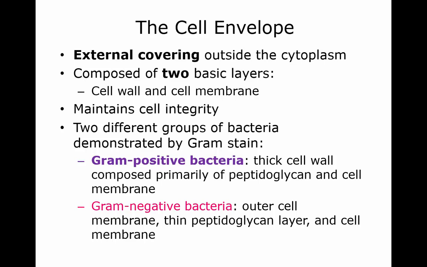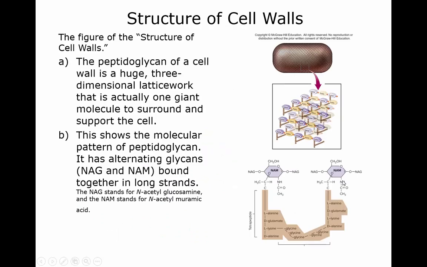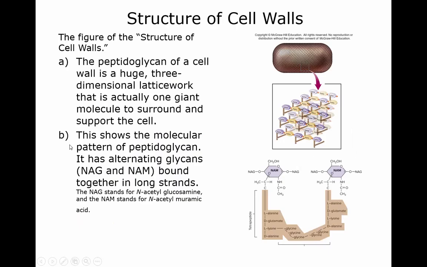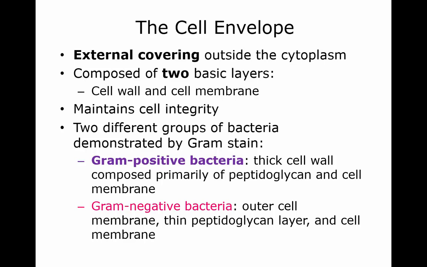The main difference you're going to see has to do with their cell envelope. If we look at gram-positive bacteria, you're typically going to notice a very thick cell wall made of peptidoglycan, and then the cell membrane just inside of it. Looking at a picture of gram-positive, here's the two-layer envelope: a very thick cell wall, and then the cell membrane just inside of it. But if we look at gram-negative bacteria, we actually see a third layer.